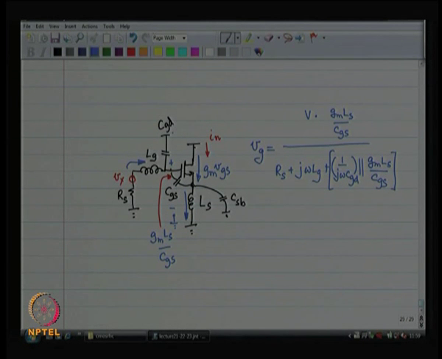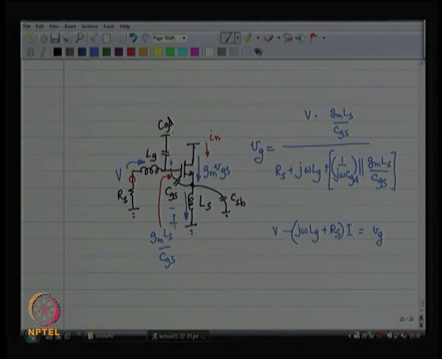The current going into the gate is V minus... this is the current going into the gate.